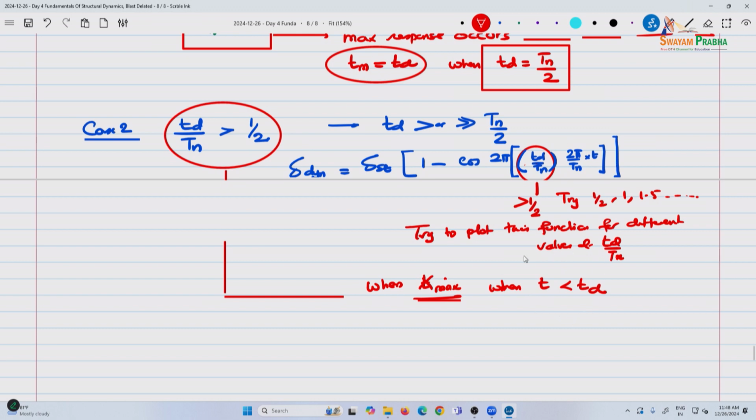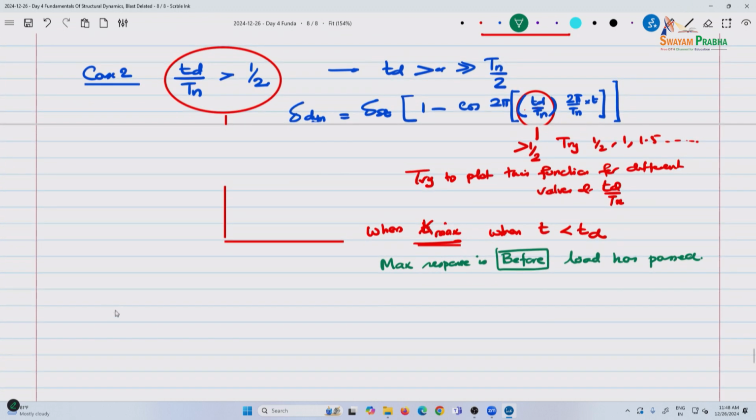So what you get is the maximum response is before the load has passed, and I will draw some graphs.